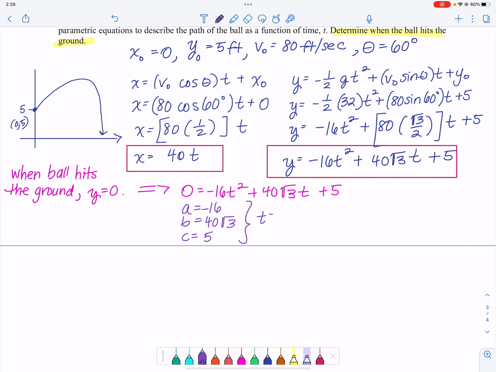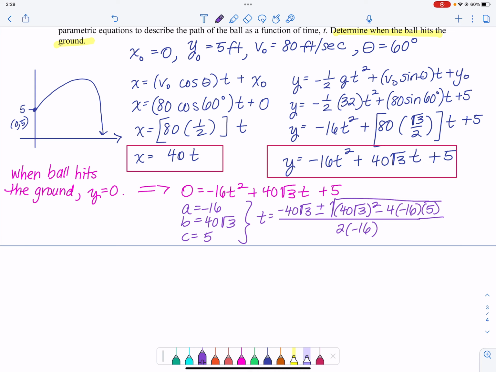So t is the opposite of b, plus or minus the square root of b squared, and we're going to put all of this in our calculator, minus 4 times negative 16 times 5, all over 2 times negative 16.